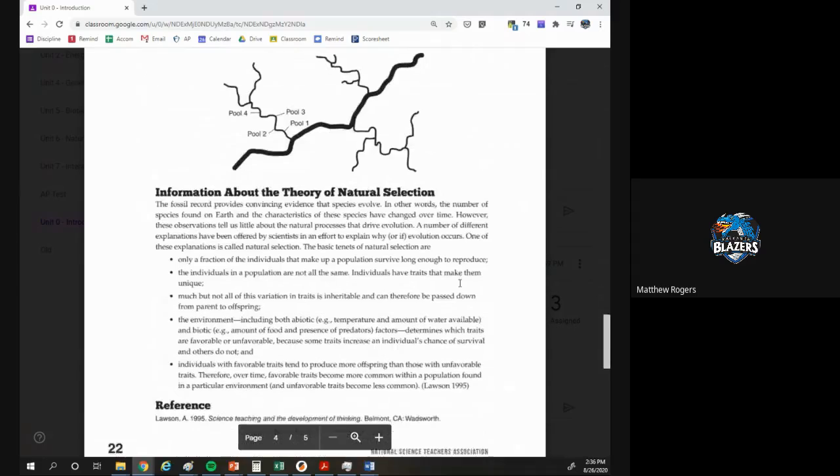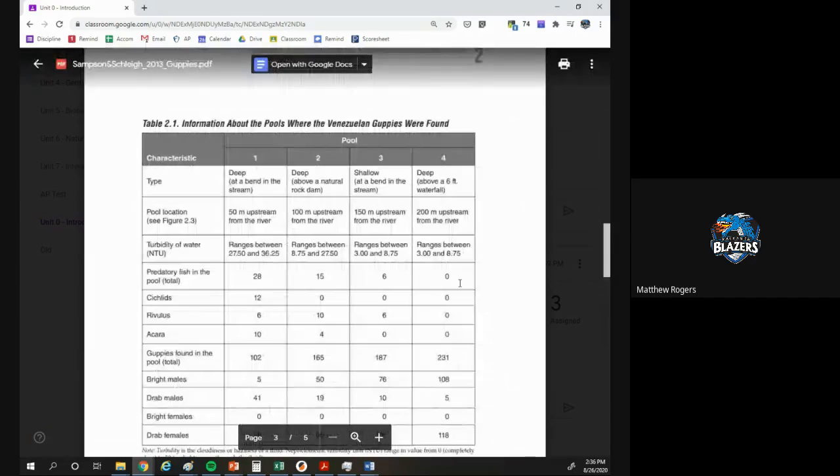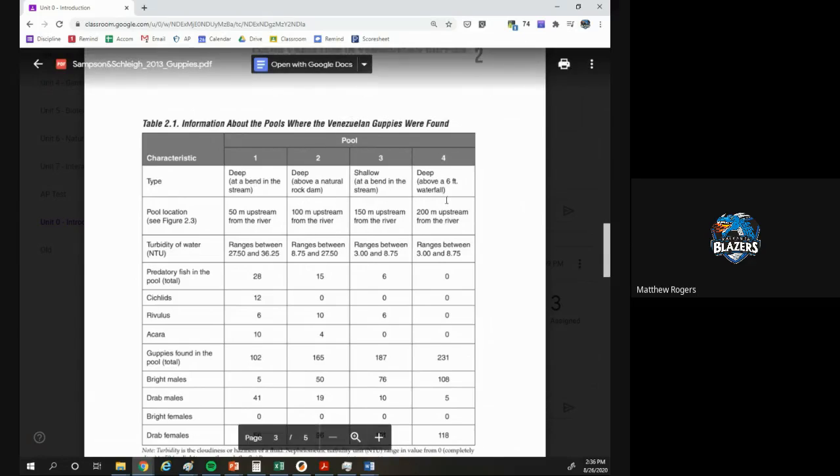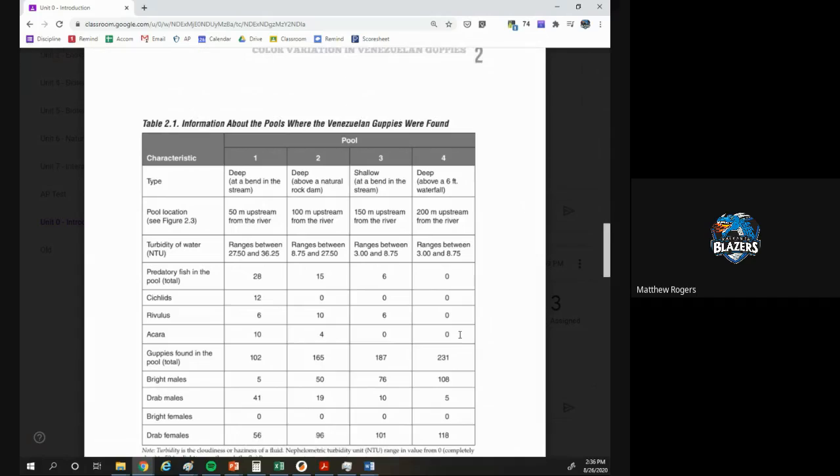The other big thing that goes along with this is this type right here. So this is something that's mostly overlooked. You can see we're going further up the river. You can see in pool 4, we're actually above a waterfall. And so there's actually guppies above this waterfall. That's one of the reasons why there's no predators. Predators can't get up the waterfall, or they've never lived above the waterfall at any point.